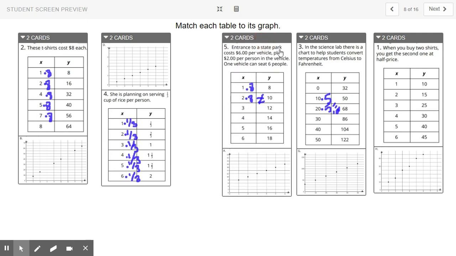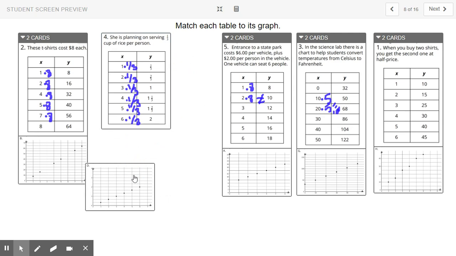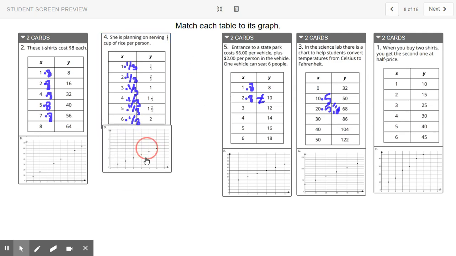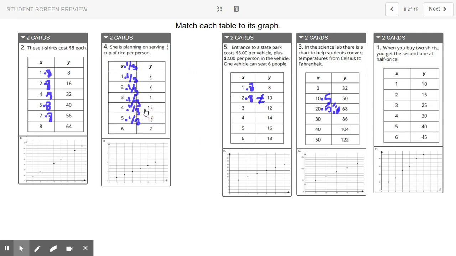Now, here's what I'm going to do. The whole purpose of this, whoops, I want to put these graphs at the bottom. Come on, go with it. The whole purpose of this is because we can look at a graph and actually see if it's proportional or not. So we're going to try to see if we notice any patterns.